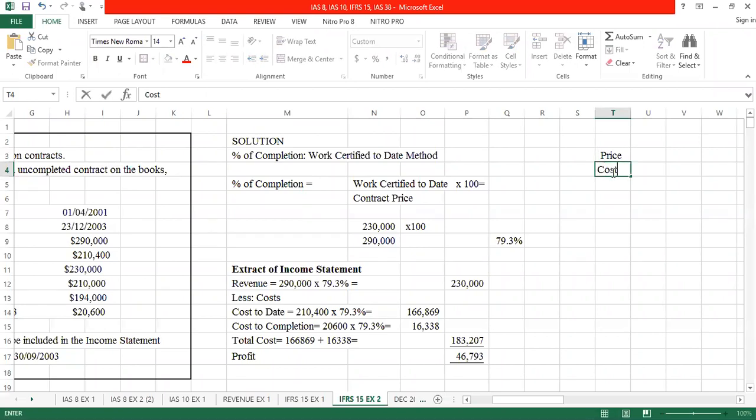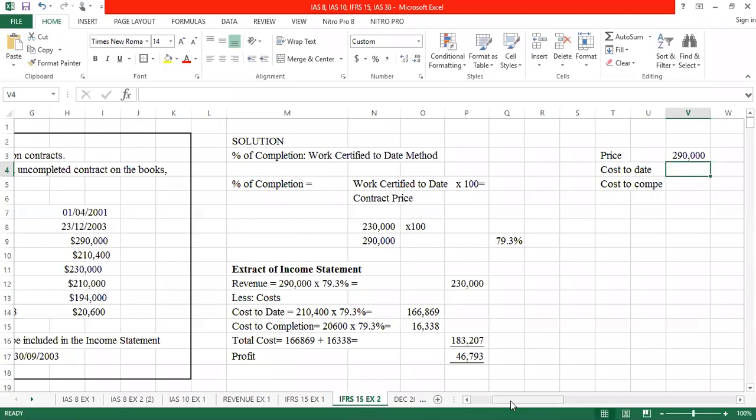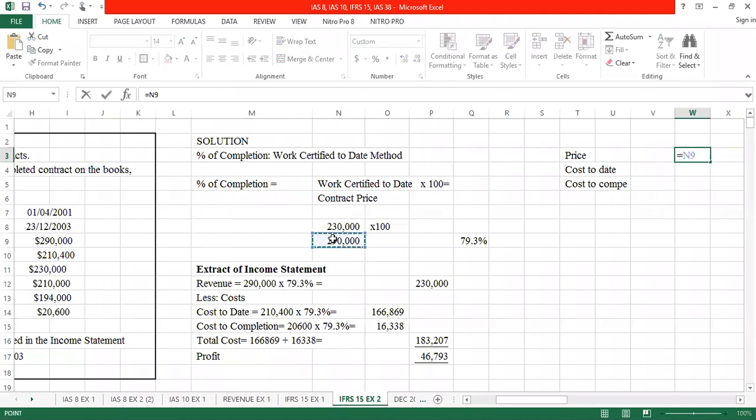And then you take cost to date, and then you take cost to completion. The person who has asked me, what is the contract price? Contract price is 290. These I'm just doing for the sake of the person who has asked the question. We have done these, but let me just do it.